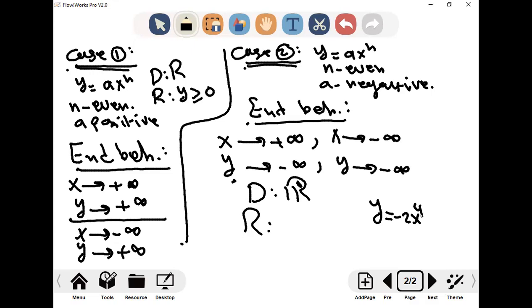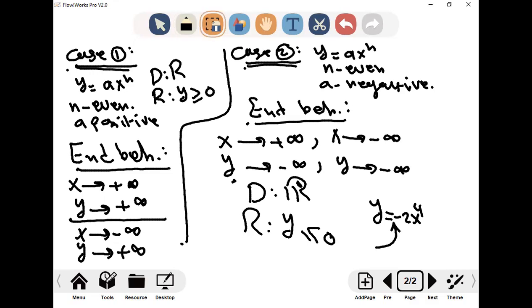Times negative 2, negative 32. It gives me negative, right? Then put a negative number. Negative 2 power 4 is positive 16. We agreed that even power is always positive. Multiply by negative, what does it give you? Also negative. So y is less than or equal to 0 because this is negative. Done? So this is the domain, this is the range.